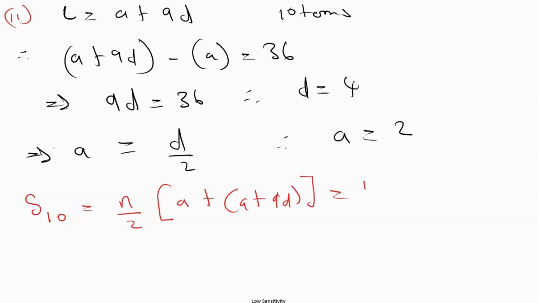So this is the same as n over 2 times (2a plus 9d).